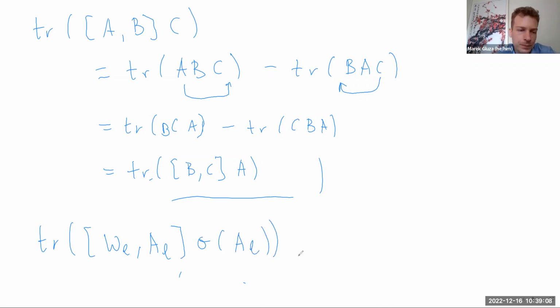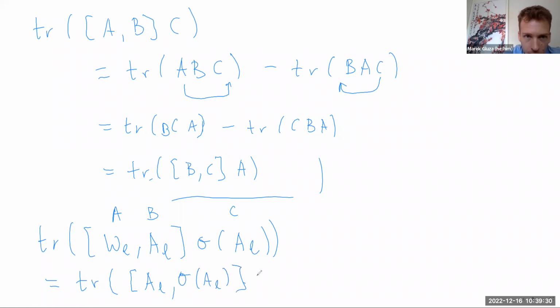Okay, and now this is A, this is B, this is C. Okay, so now I get, by this trace induced cyclicity, I get A L comma sigma A L bracket, and then A goes outside A from the lemma, so I get this.